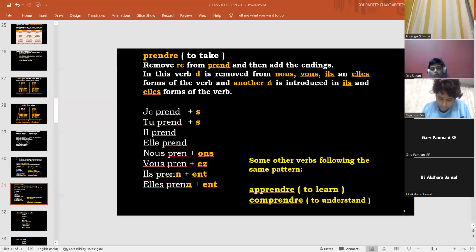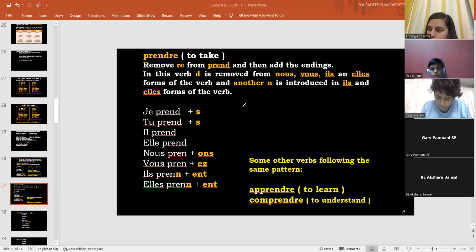In the previous one, we have seen the verb attendre, that we are adding S, S, then ONS, EZ, ENT. But in this subgroup, prendre, we are removing RE. We are left with PREND, P-R-E-N-D. And then we are adding the endings like before.